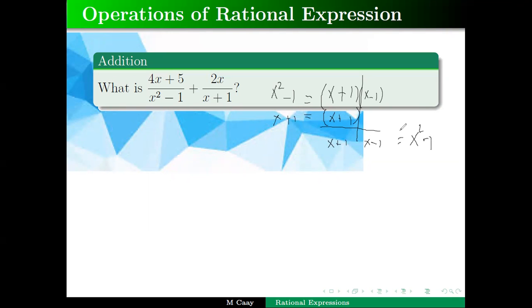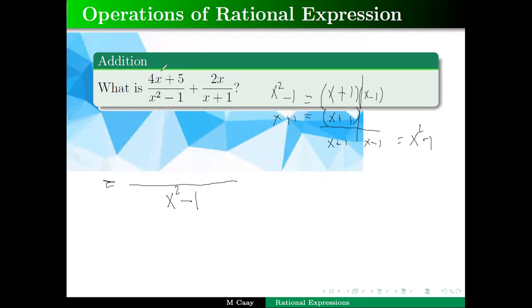Okay, so now that we're done with getting the LCD, what we have to do next is, of course, since we already have the LCD here, we will write this down here. So this is x squared minus 1. This LCD will be divided by the first denominator, and of course, they're actually the same. So the quotient will be 1.